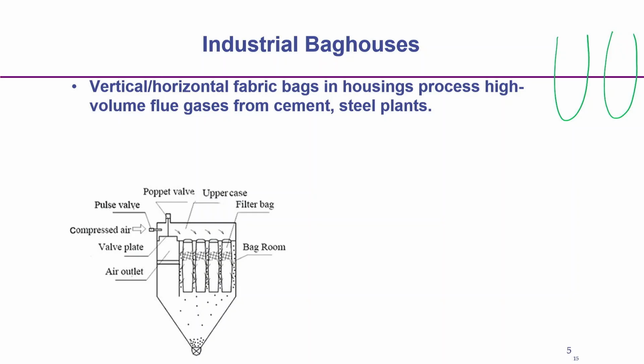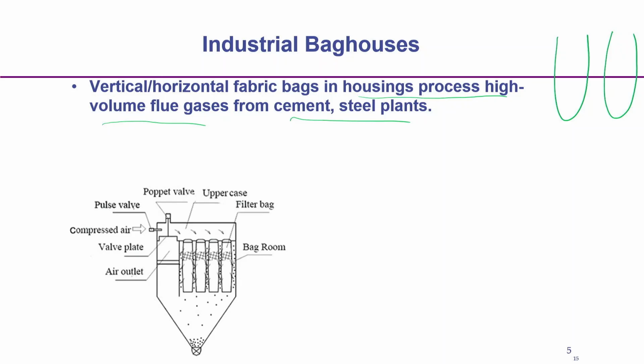This is mandatory just to arrest the particulate matter. So, in the industrial filter bag housing process, there is a high volume of flue gases from cement and steel plants or maybe power plants.